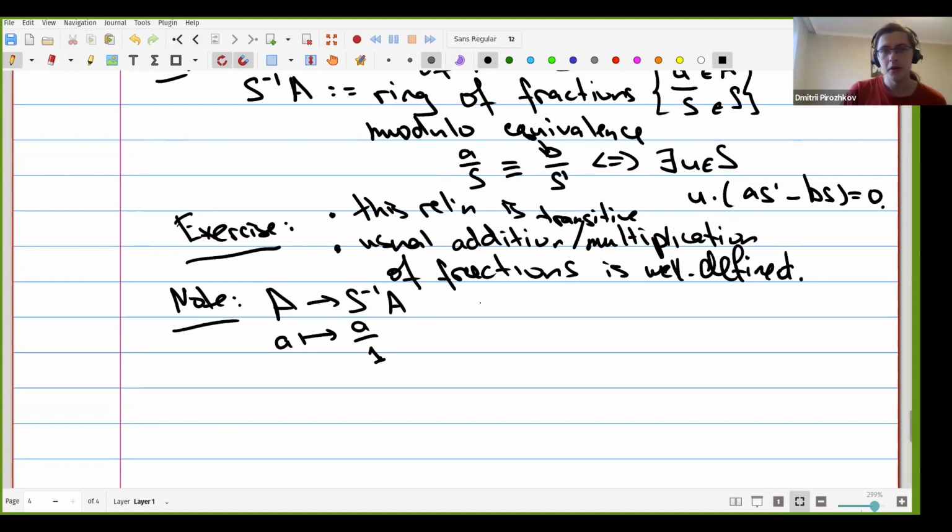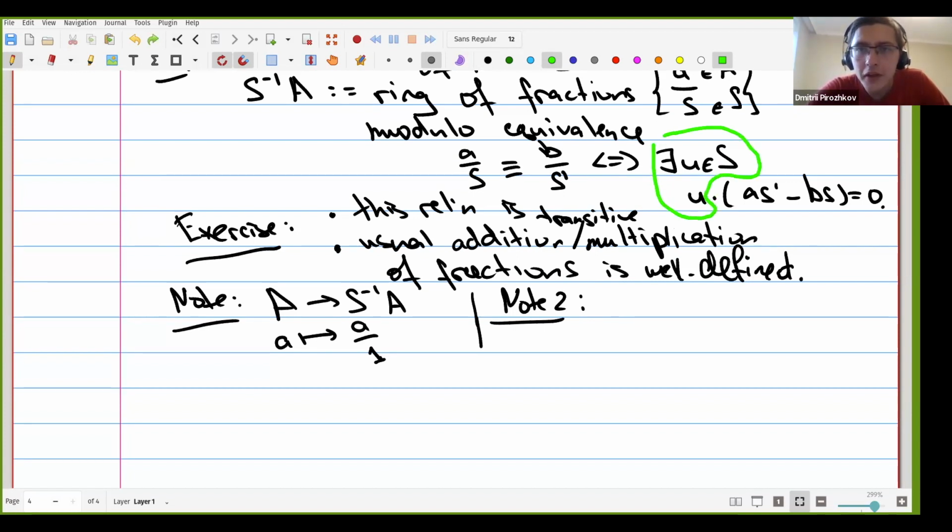So this was note 1, and note 2 is that if you look at this definition, you may consider it a bit strange that we rely on this extra element u in the set, but that's necessary. u is necessary to avoid division by 0.